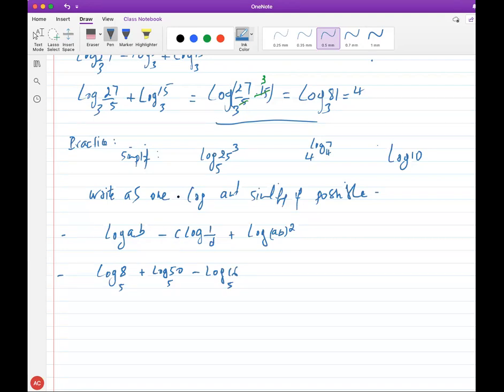Yeah, that's good enough. Okay, so these just simplify, find the value if possible. Here, again, write as one log, this whole thing, and of course, simplify when possible. All right, take some time to do this and we'll check with you.